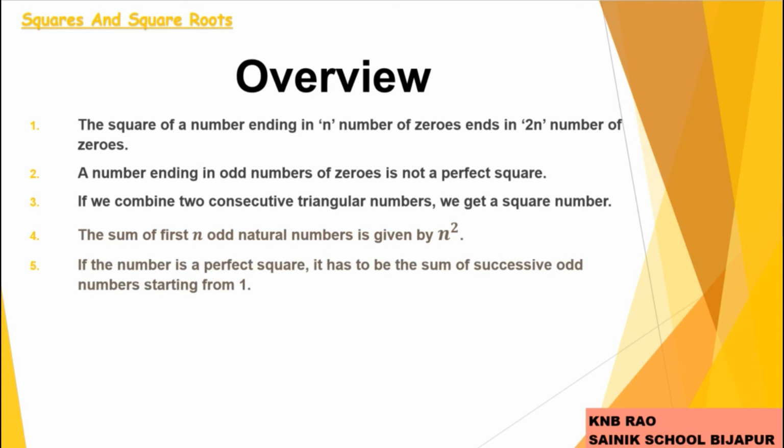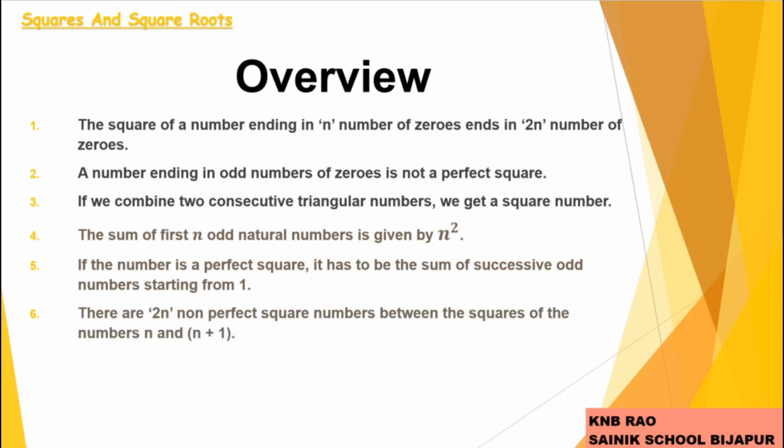Based on that, we got one of the important patterns which helps us in identifying whether given numbers are perfect squares or not. Next one: there are 2n non-perfect squares between n square and (n plus 1) square. So this is one more important pattern which we have learnt.